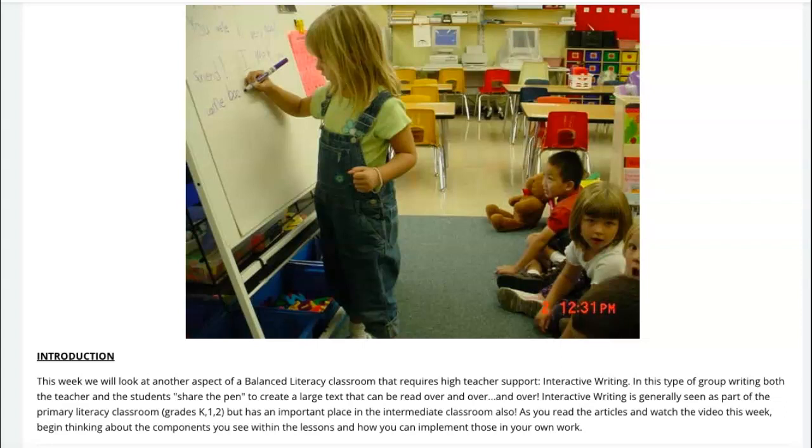Now, I know you're thinking, well, this is fine and dandy for kindergarten, first, and early second grade, but what about later second grade, third, fourth, and fifth? Well, because these students have experiences with writing, there are some shifts.